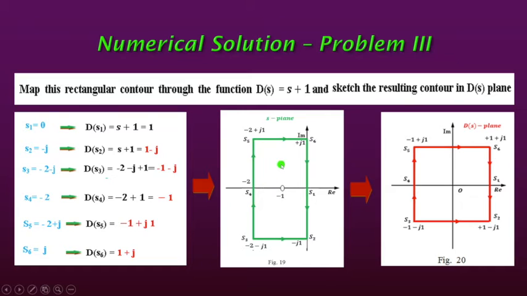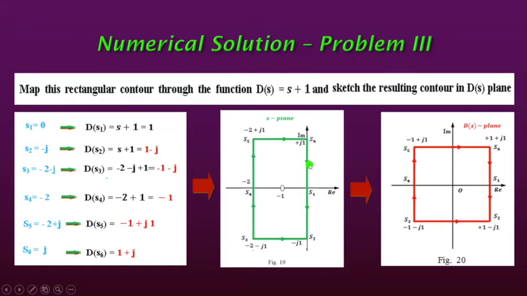Now consider the closed contour is the same as we considered in the previous example. It encloses the zero of D(s). S1, S2, S3, S4, S5 and S6. Select the points on the contour where the zero is present inside of the S plane.